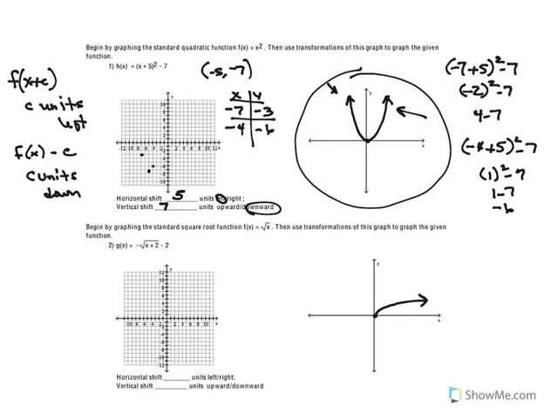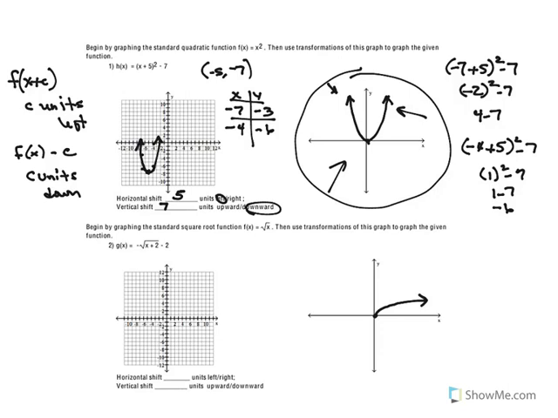So what do I know? I know it should mimic the original parent. So if this is my vertex, I'm just going to draw my graph. Left arm, right arm, through your points, okay? And that's it. Make sure you have your ordered pairs. Make sure you know where your initial point is, and then you just draw your vertex out, your arms outside of that vertex location. All right.